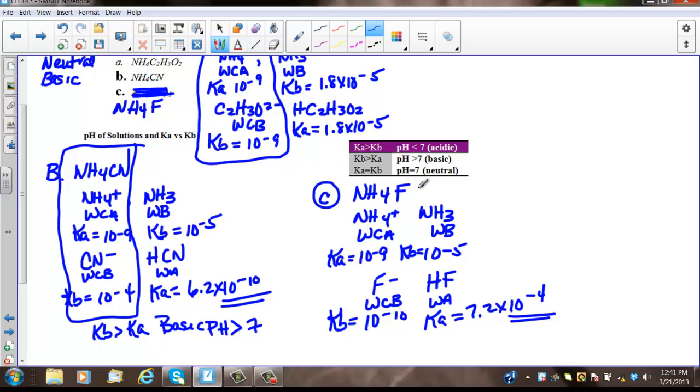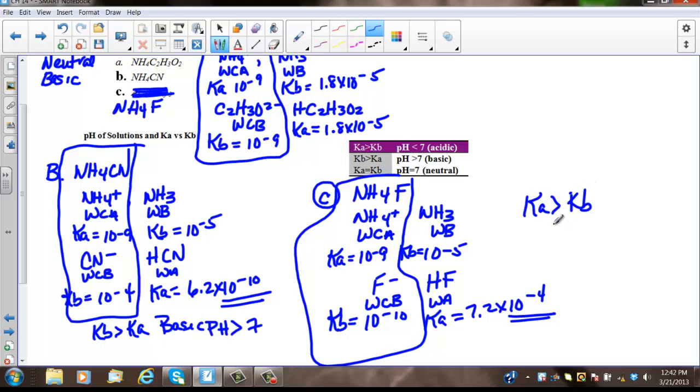So now when I compare my Ka and my Kb here, I have 10 to the minus 9 versus 10 to the minus 10. So therefore my Ka is greater than my Kb, and this would be an acidic solution with a pH less than 7.